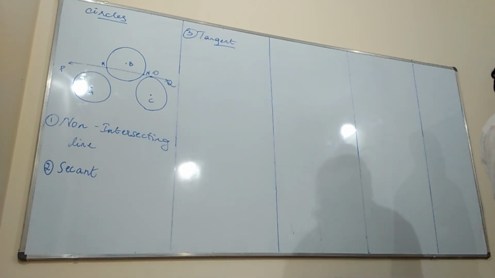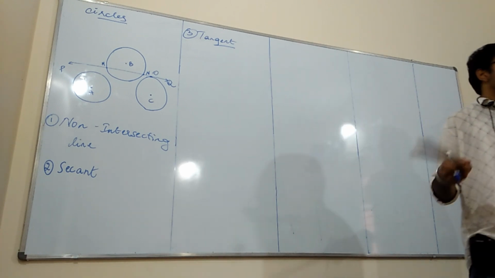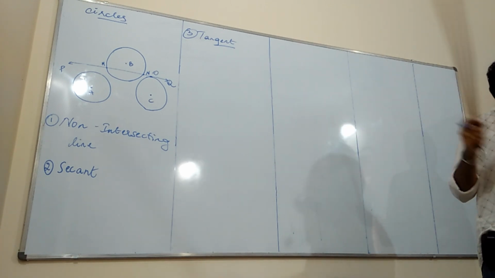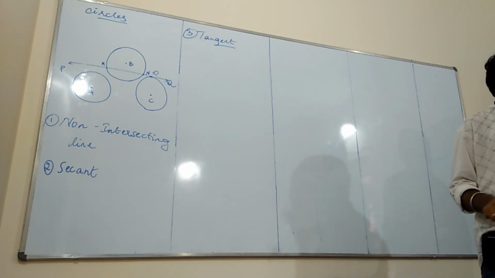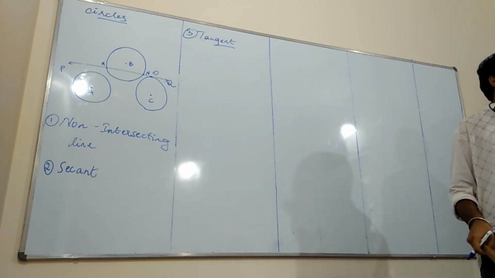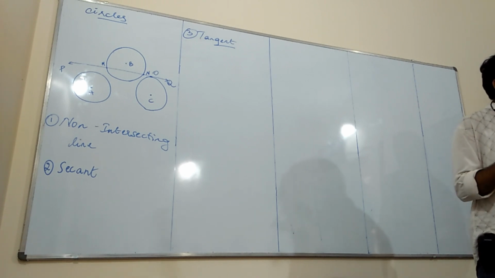So in this case, line PQ is called the tangent to the circle centered at the point C.